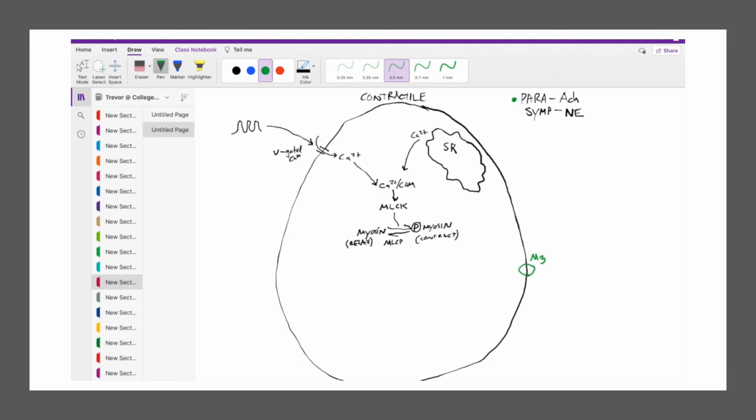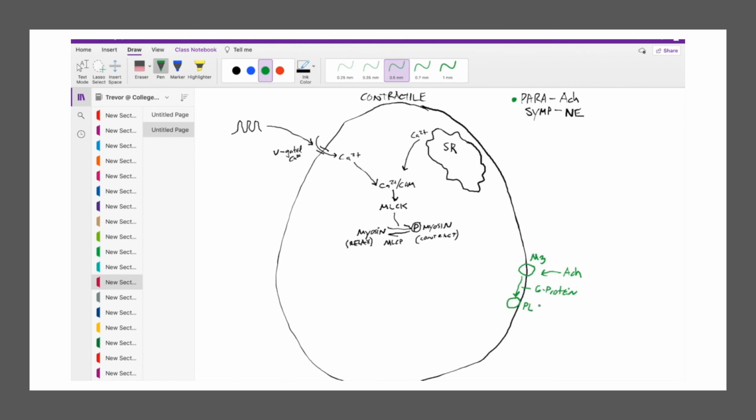Upon acetylcholine binding, that's going to activate a G protein. That G protein goes on and binds to phospholipase C. I'm just going to do PLC.